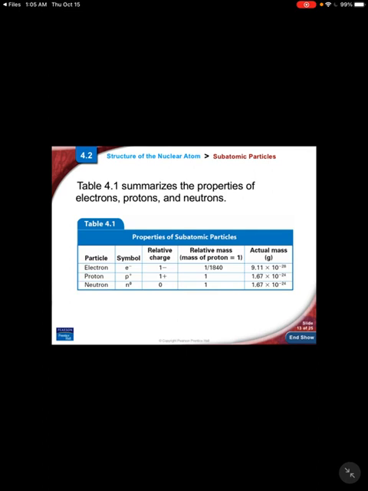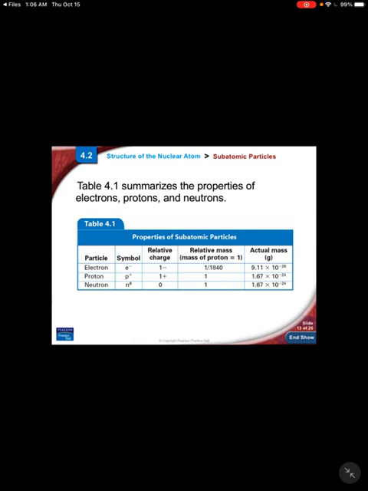Millikan showed that the charges on oil drops that were extremely small, what we call atomized, and suspended and then charged such that they deflected, were always a multiple of a certain value. So that multiple must be the charge of an individual electron. If you got 2 electrons, you got double the charge. If you got 10 electrons, you got 10 times the charge.